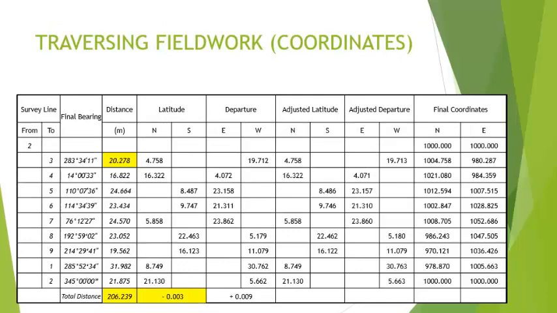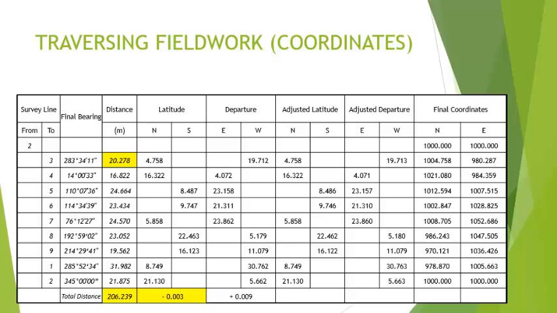Now that we have covered the calculation of linear misclosure, we will proceed with the calculation of adjusted latitude and adjusted departure. The correction formula that we are going to learn is called the Bowditch adjustment.